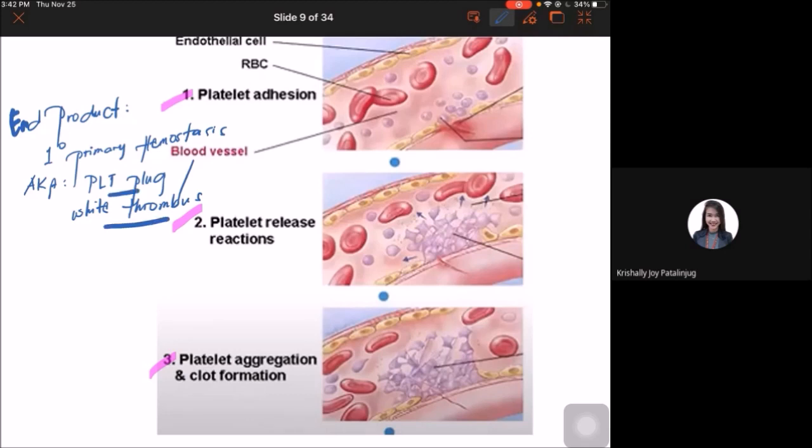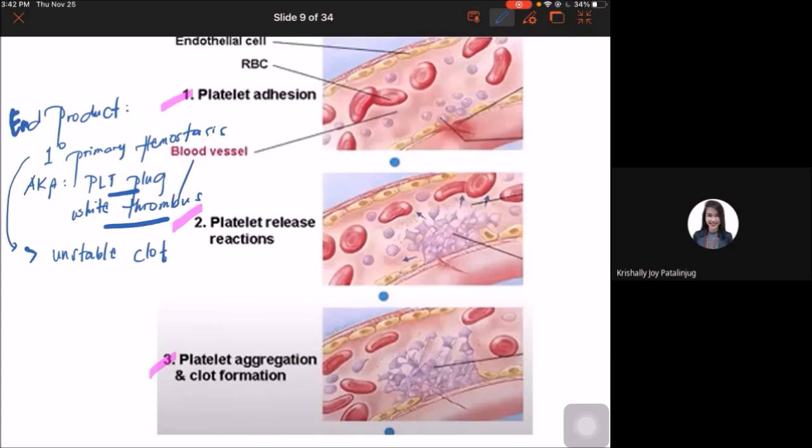Okay, so ano yung important note that you have to keep in mind sa primary hemostasis? Please take note na ang primary hemostasis is unstable. Okay, it is an unstable clot. Kumbaga yung na-form na white thrombus or platelet plug, unstable yun.